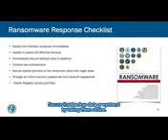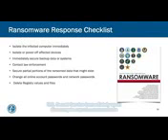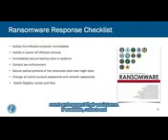Immediately secure backup data or systems by taking them offline if they're not already offline. Ensure the backups are free of malware. Contact law enforcement immediately. You're strongly encouraged to contact your local field office of the FBI or the U.S. Secret Service immediately upon discovery to report a ransomware event and request their assistance.